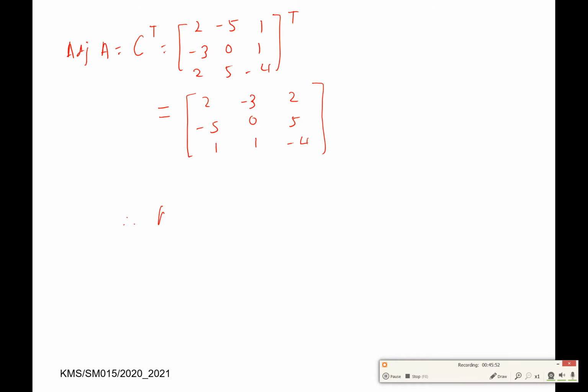So your adjoint of A is 2, negative 3, 2, negative 5, 0, 5, and 1, 1, negative 4. So that is the cofactor matrix.